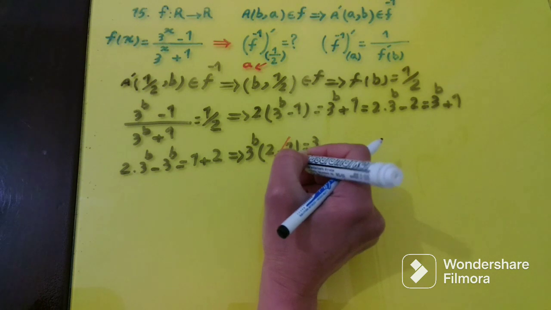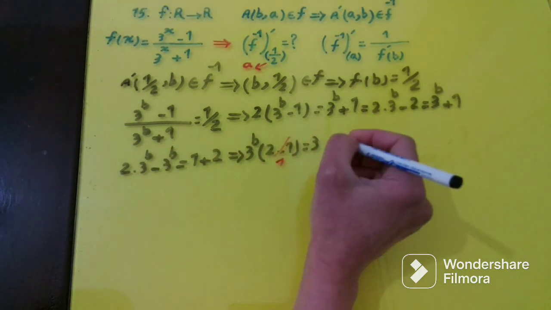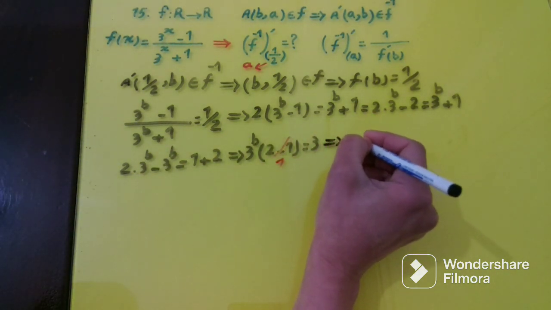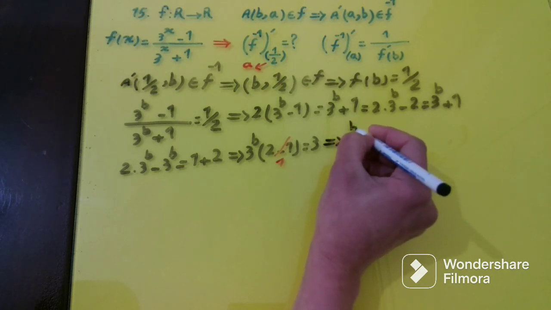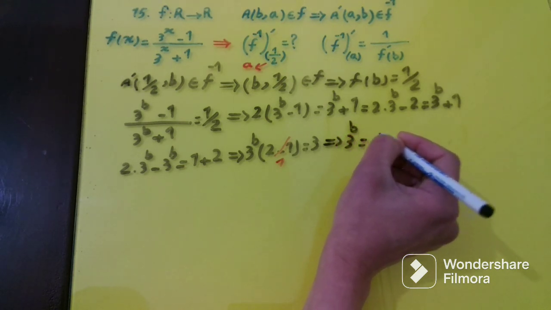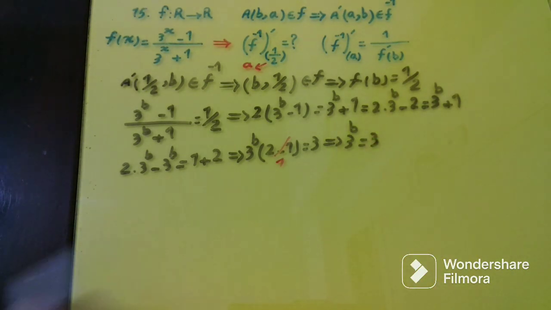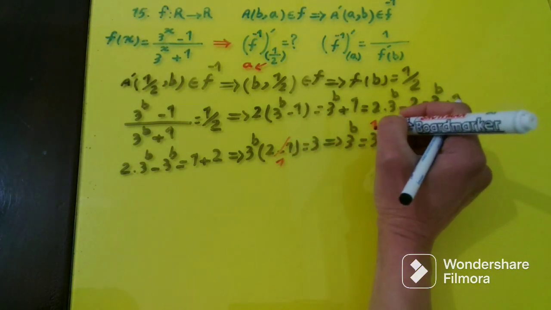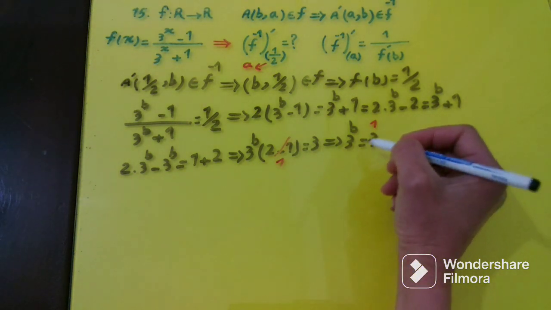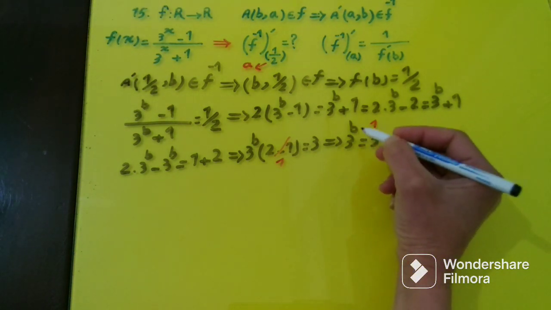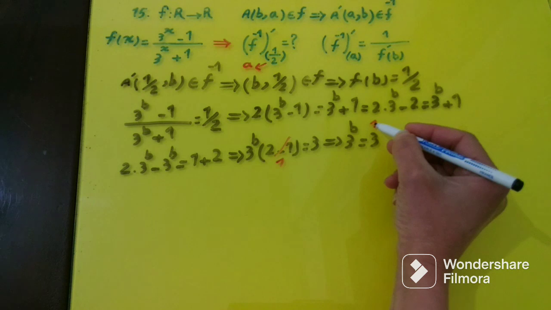It's 1. So in the end, 3 to the b is equal to 3. The power of 3 is 1. In this equation, we can say b is equal to 1.